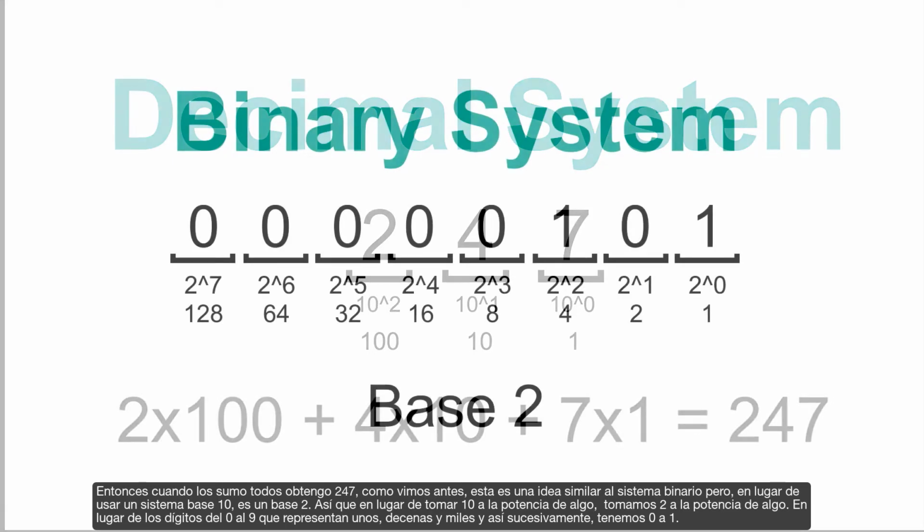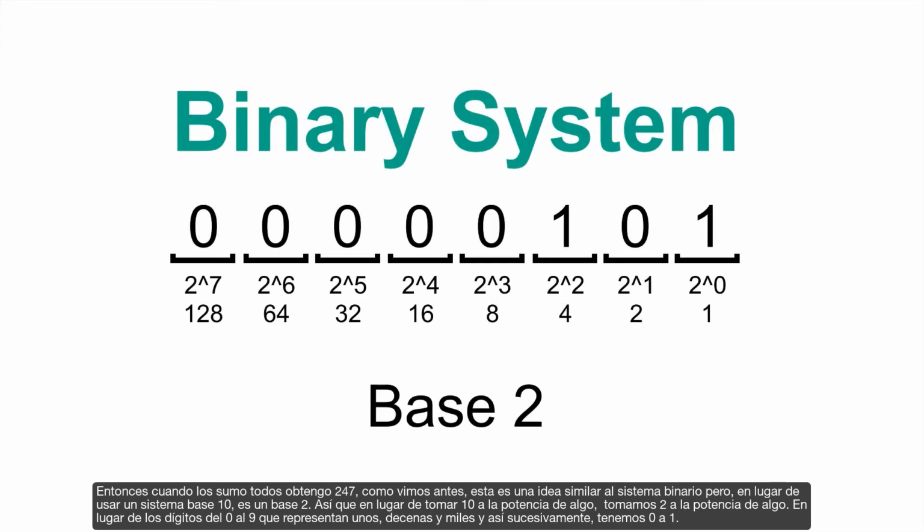This is a similar idea to the binary system, but instead of using a base 10 system, it's a base 2. So instead of taking 10 to the power of something, we take 2 to the power of something. Instead of the 0 through 9 digits representing ones, tens, hundreds, thousands, and so on, we get 0 to 1.